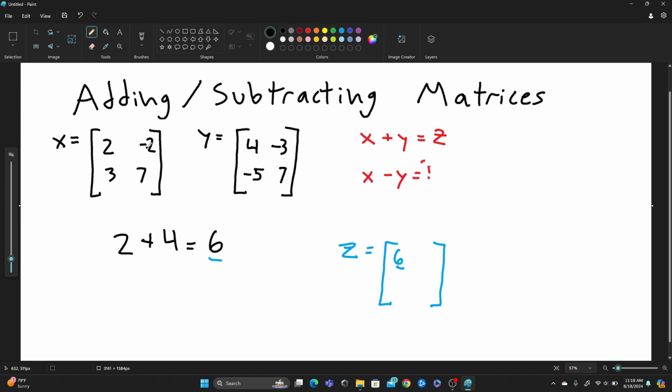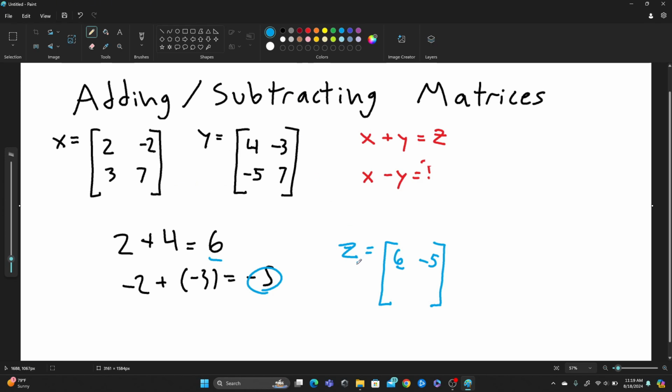And then we're going to continue doing that same thing for each of the other elements. So we add -2 plus -3, which equals -5, and then we're going to place -5 right here because that's the top right. So we put that in the top right, and then you continue that with these two other elements.